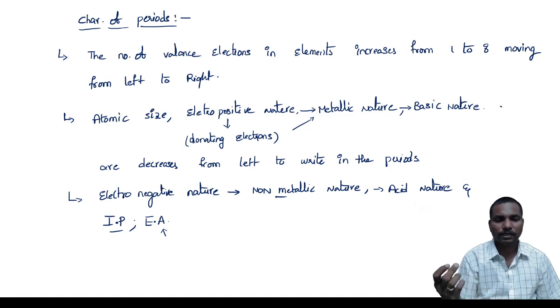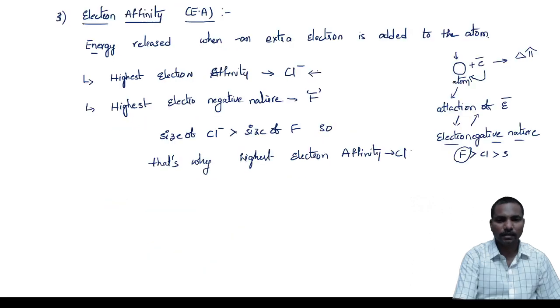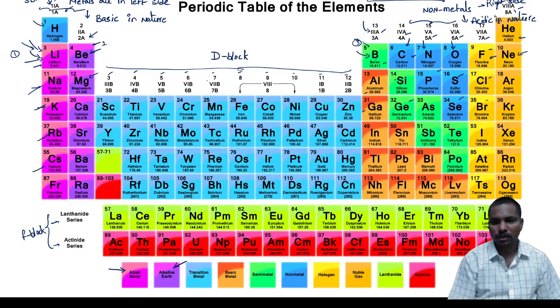Electron affinity is nothing but attracting more electrons. So that is fluorine, and fluorine is on the right side.